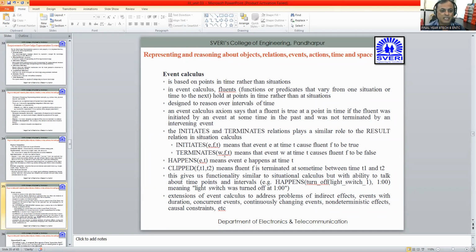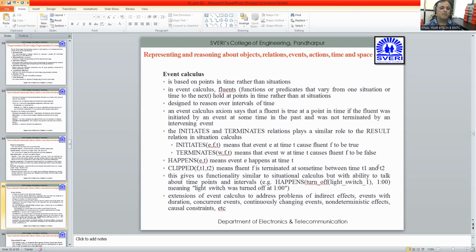It's like an initialization: an event is initialized at time T, because of which fluent F becomes true. So F will be true when the event at T starts. That is called initiates.